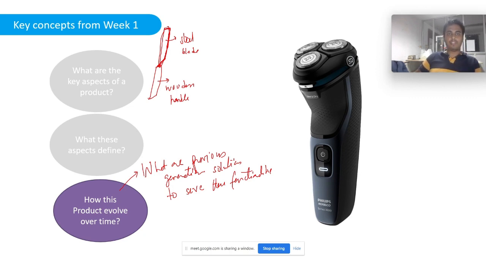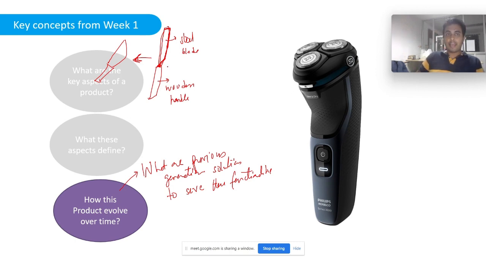Even girls also will know this. So what are the solutions before this? Can anyone tell? Before this, people used to use their household knife to shave their beard.